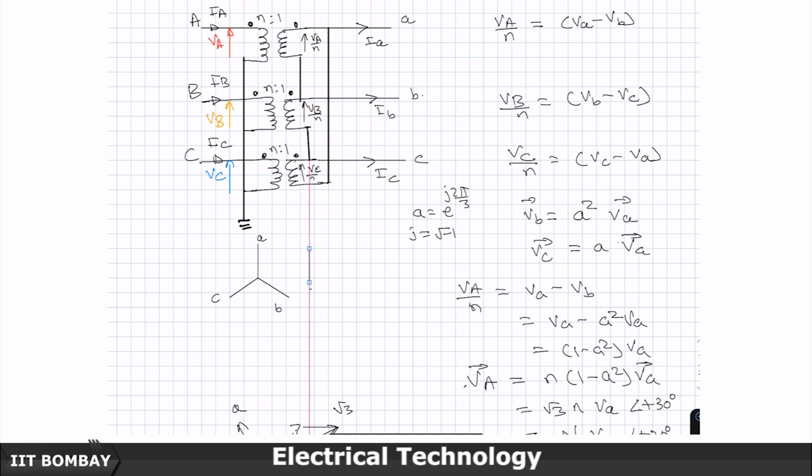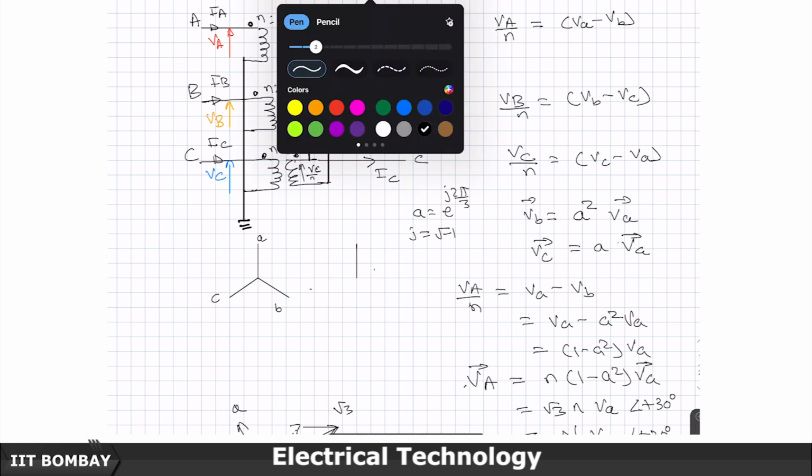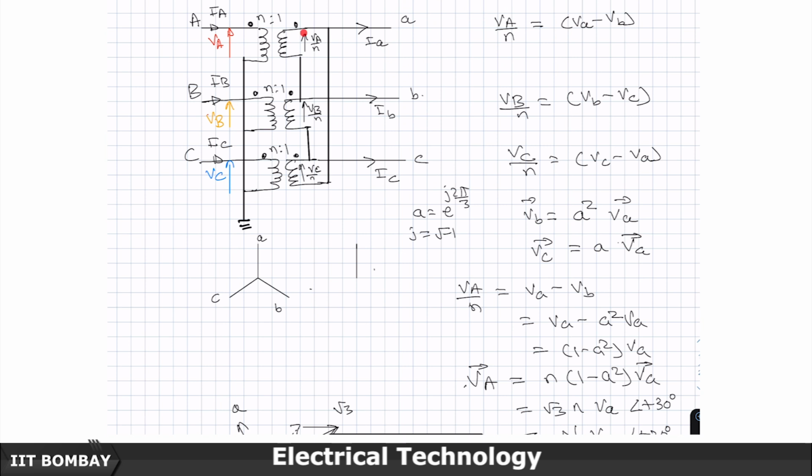This same voltage, I'm writing for this side, is going to be VAB on the secondary side. This one is VAB. So I'll mark this as A and this as B. Imagine that the tip is already on the A side. If you want, I'll just draw it, but books usually don't show this tip.